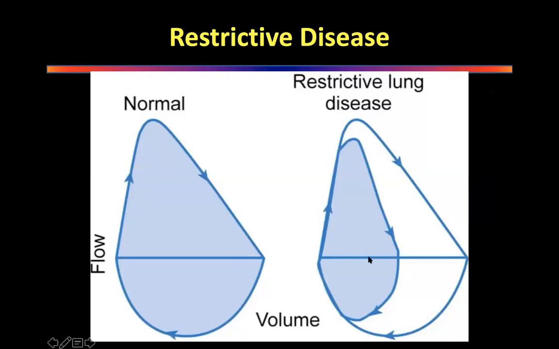So here you can see that this is your normal loop, but because there is restriction, you can only start with half. So your residual volume is relatively very high, and you're just starting much beyond the residual volume, and you are hardly able to come to the peak. Your peak is reduced, and here again your peak is reduced. So the slope is normal. The slope is not a problem. It is the peak that is a problem on both of these.